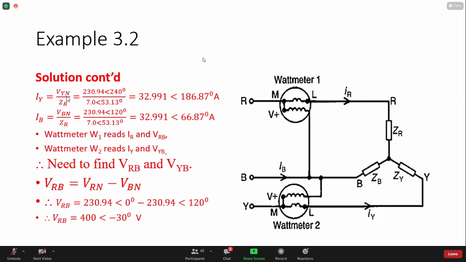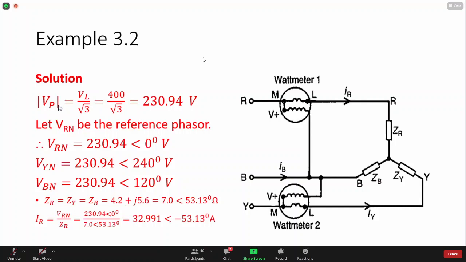I never said that before, but all the impedances are the same. So if I write ZY here, to be more accurate, it should be ZY, and for IB, ZB. But they all have the same values anyway, because we had stated before that ZR is equal to ZY equals ZB.